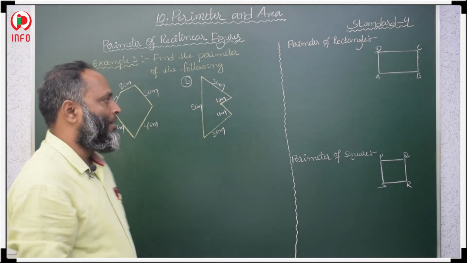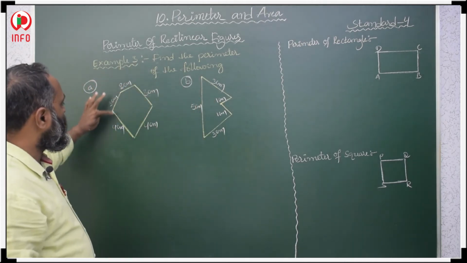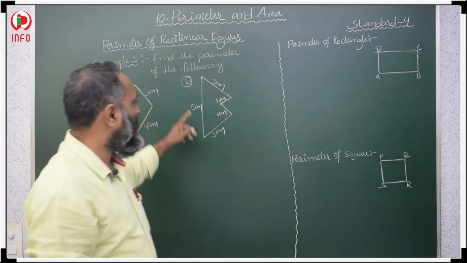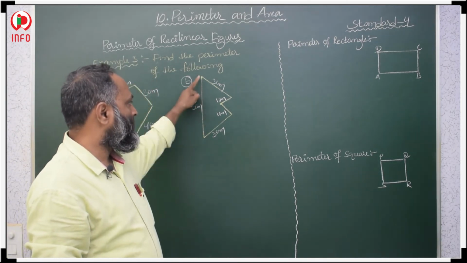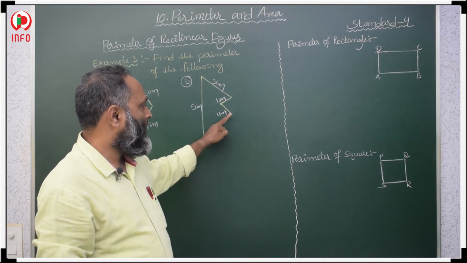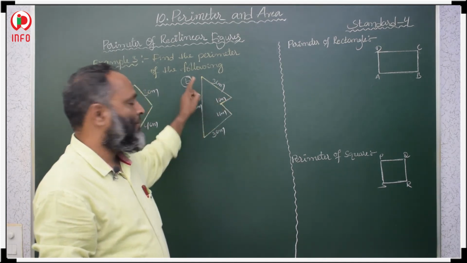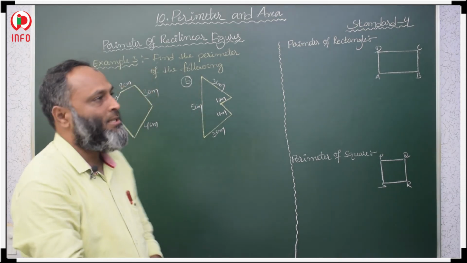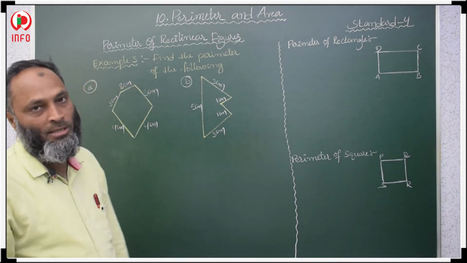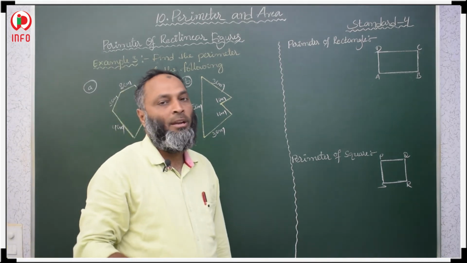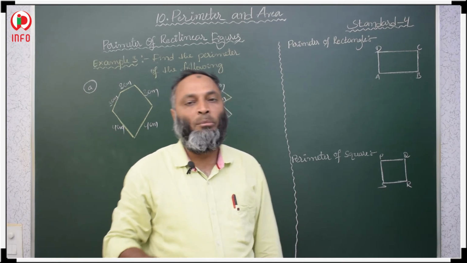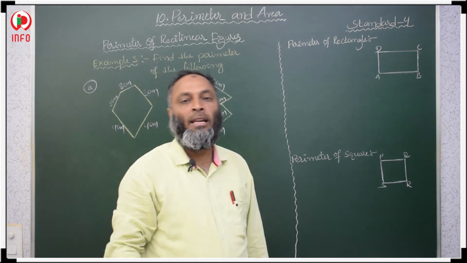Once you count, this is the first line segment, second, third, fourth, fifth. We have 5 line segments in each. For finding the perimeter, we should add all the line segment lengths. Then you will get the perimeter of that closed rectilinear figure.